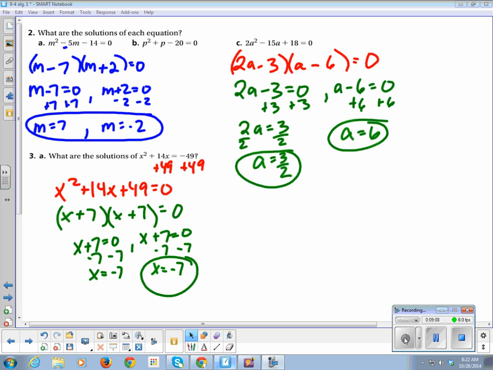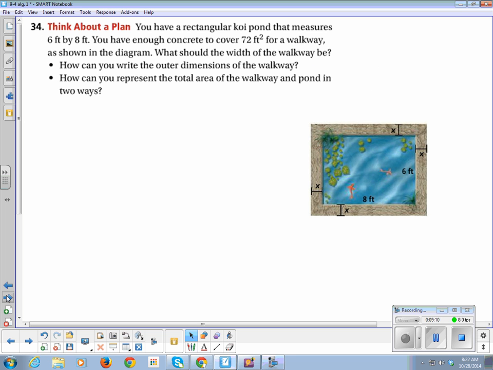All right, let me show you how this looks in word problem form. This is number 34 out of the section. You have a rectangular koi pond, and I do actually want you to draw this picture because that's one of the fun things about it. So draw this picture in your notes.